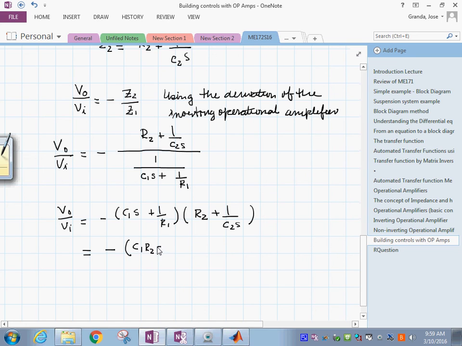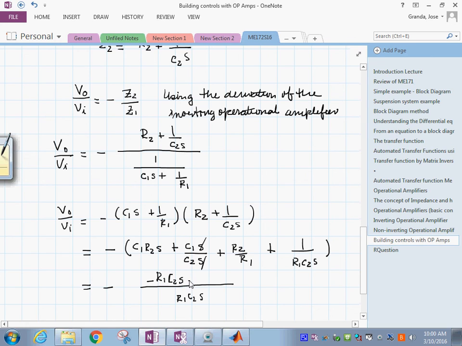If we try to get an expression for the numerator and the denominator, you could say that the denominator is R1 C sub 2 times S, and then you multiply this by the numerator, which would be minus R1 C sub 2 times S times C sub 1 R sub 2 times S, and this would be plus R sub 2 times C sub 2 times S plus 1.